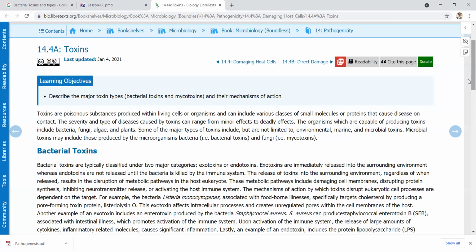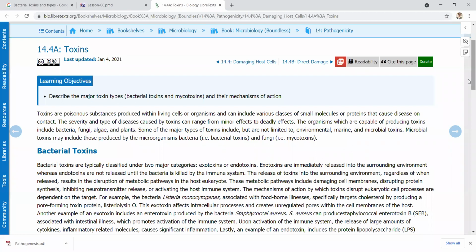It will enter the cells, and in areas where there is cholesterol, the toxin targets those areas and starts forming pores in the cell membrane of the host.